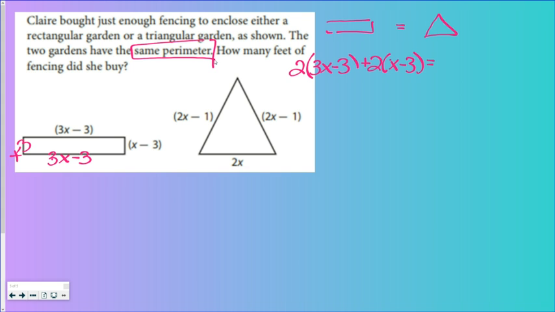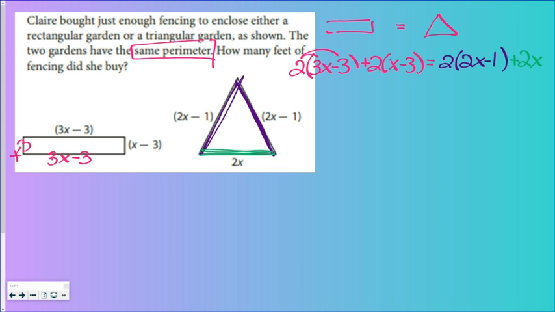For the triangle, I have two sides that are 2x minus 1, and then I have this other side down here that's just a 2x. So we're going to tack that onto the end. So 4 sides here, right? Two quantities that we've multiplied by 2, 3 sides here. 2 or 2x minus 1, and another one is 2x.